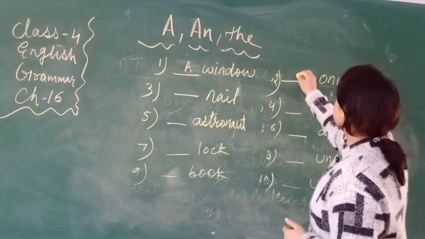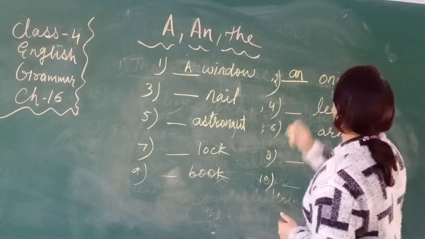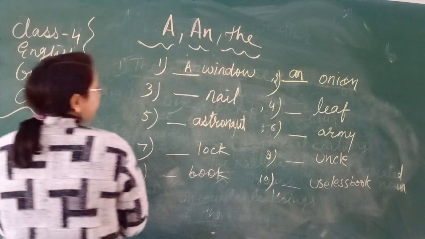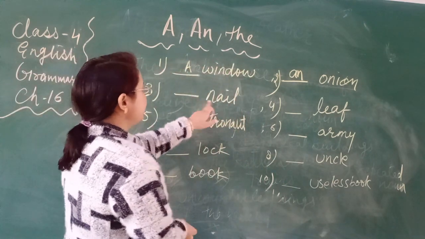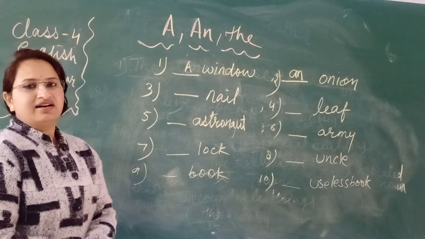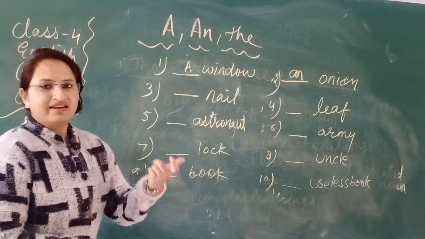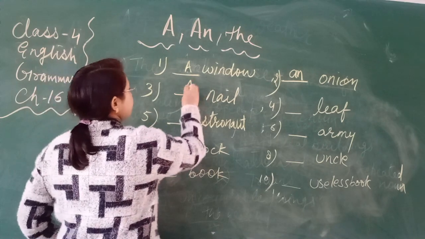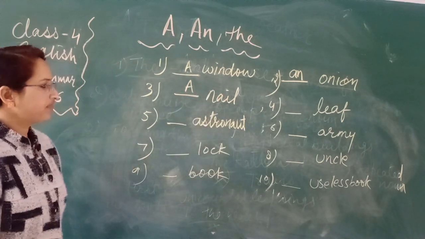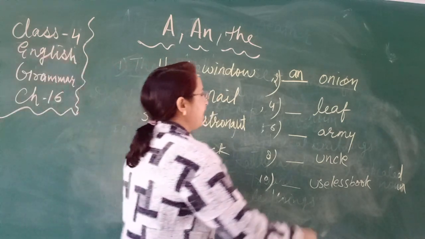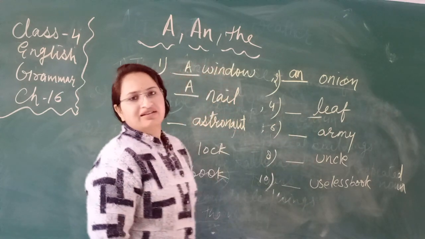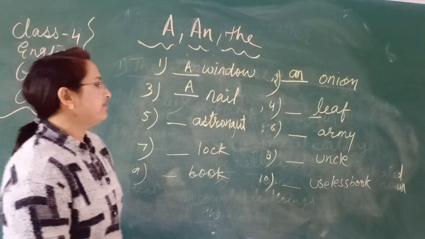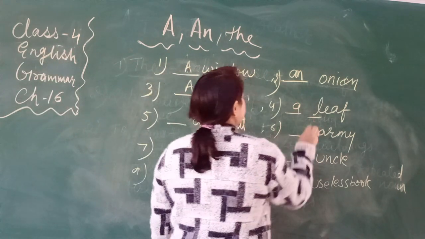That's why we will use article an. An onion. Okay. Here nail. Nail is na. Na. Consonant. So we have to use article a. Leaf. L. La. Consonant sound is coming and consonant is there. That's why we have to use article a.